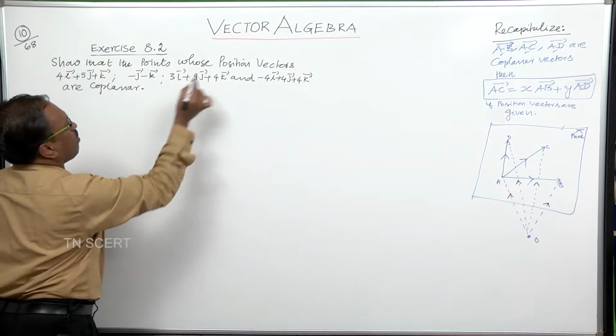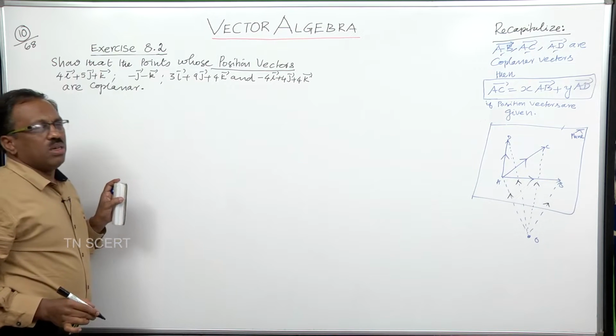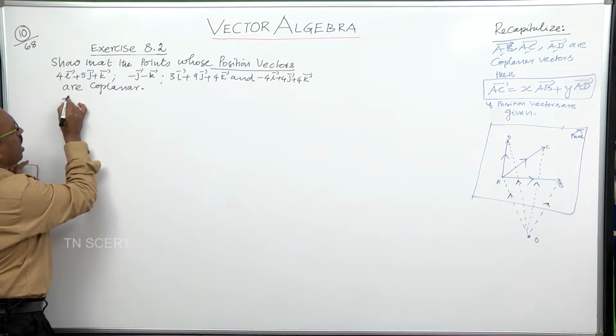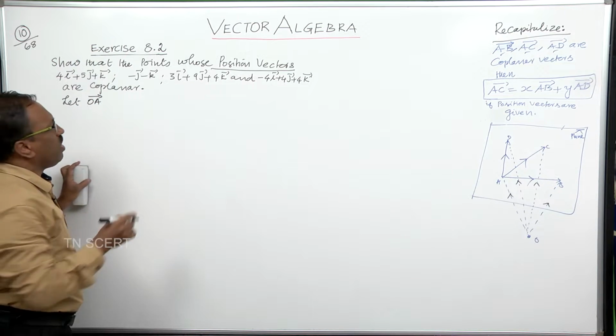Here, what representation is given? It is position vectors, remember that. Let O be the point of the position vectors.